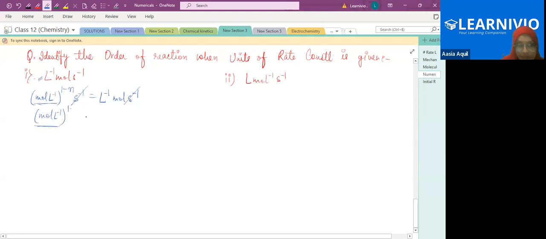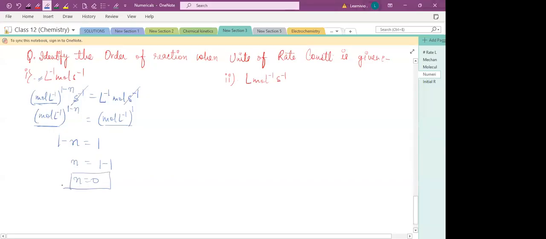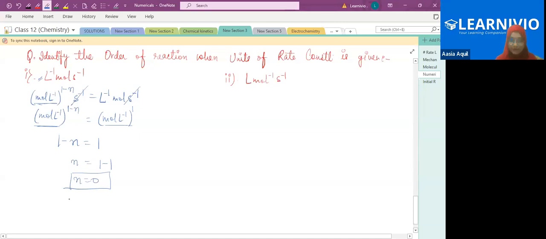You have to arrange the right hand side according to this base. So you can write mole per liter, right? And what will be the power here? Again, 1. The base is same, so you can write 1 minus n equals to 1, right? So n will be equal to 1 minus 1. So it's a zero order reaction. So n is equal to 0. So the order will be 0.